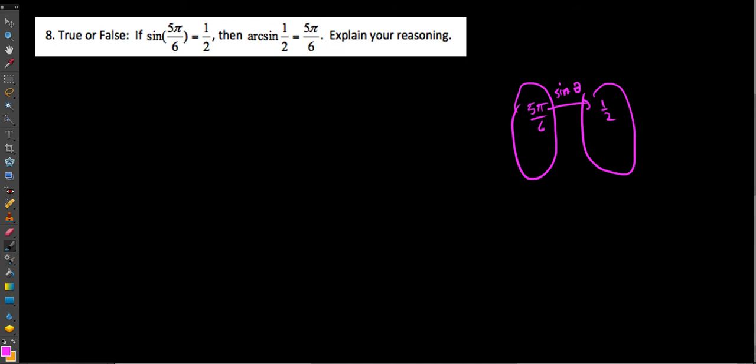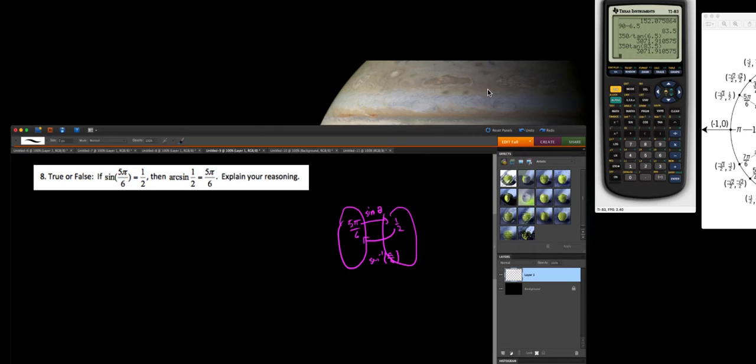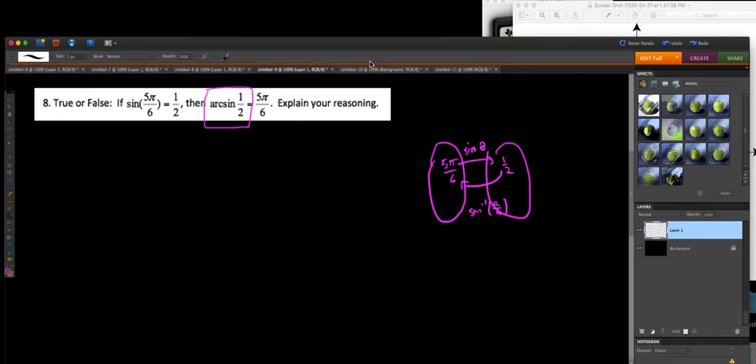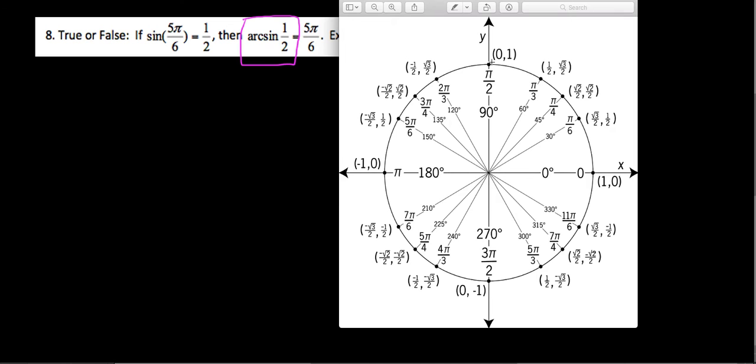But as we turn around and look at this again, we ask, does that mean that if I put this ratio into arcsine, our sine inverse function, I would get back the same angle I started with? That's the primary argument here. We've got to be very careful, remembering that arcsine always gives us back an angle between negative and positive 90. So when I ask what is the arcsine of a half, I'm really asking, looking at this unit circle, what angle between positive 90 and negative 90 gives me a sine value of positive a half?